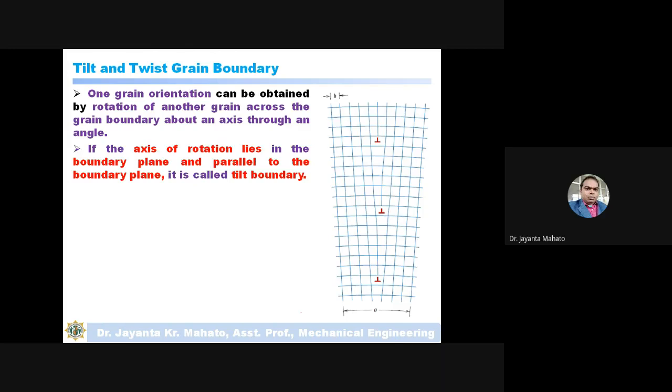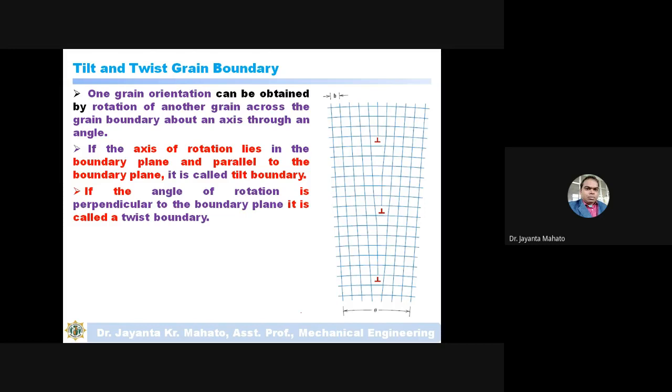But if the axis of rotation lies in the boundary plane, parallel to the boundary plane, then it is called a tilt boundary. And if the axis of rotation is perpendicular to the boundary plane, then it is called a twist boundary.